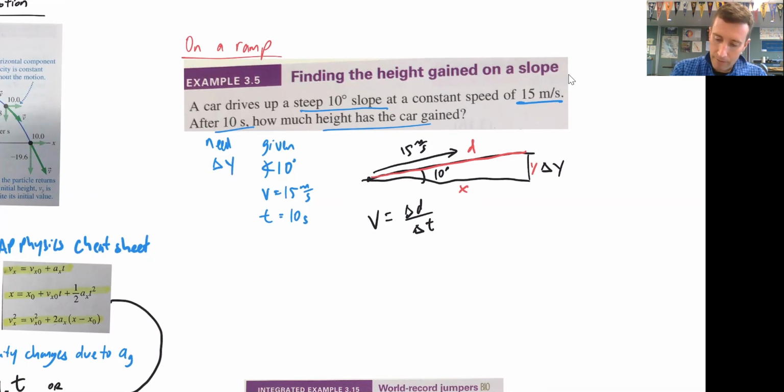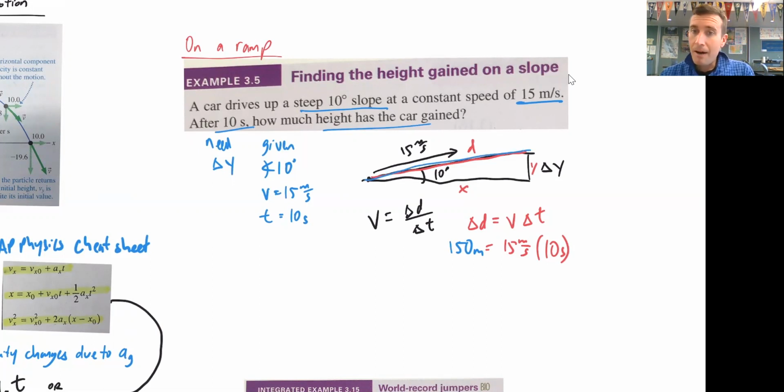When I solve for the change of distance, that makes it velocity times the change of time, 15 meters per second times 10 seconds gives me a total of 150 meters. Okay, so I've got 150 meters along my distance.